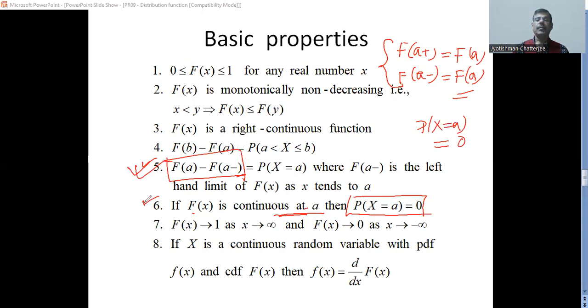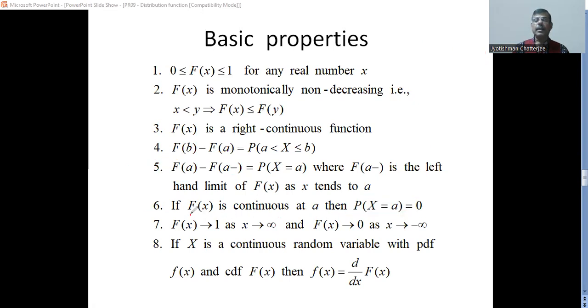That's why we get property 6. Whenever F_X is continuous at the point a, this part becomes 0, and so the probability of capital X equal to small a becomes 0.